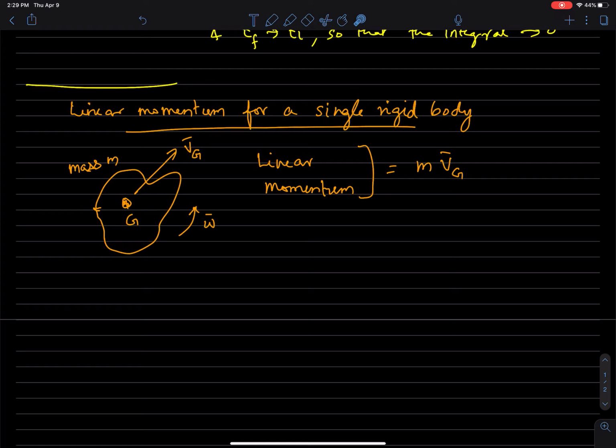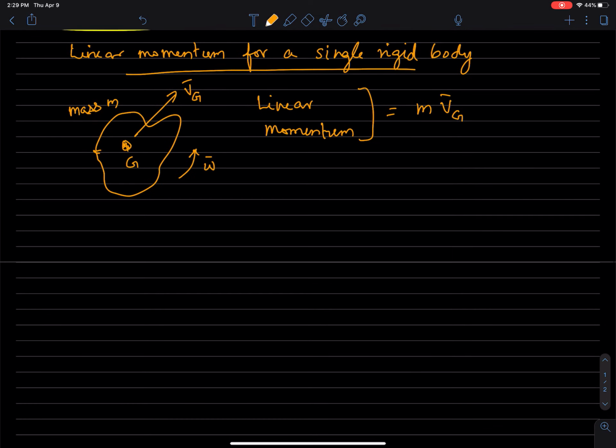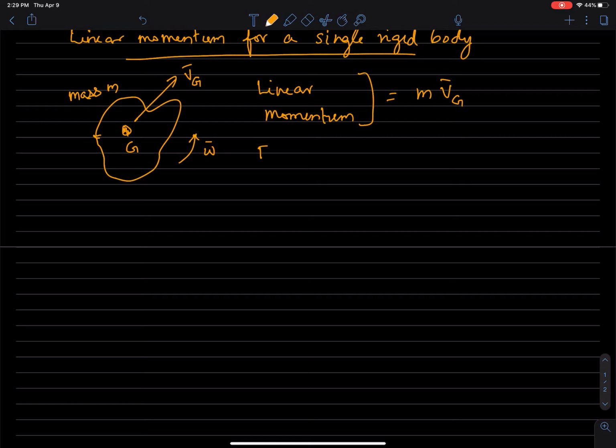And if you had multiple rigid bodies, it would be m1 vg1 plus m2 vg2, etc., for multiple rigid bodies.